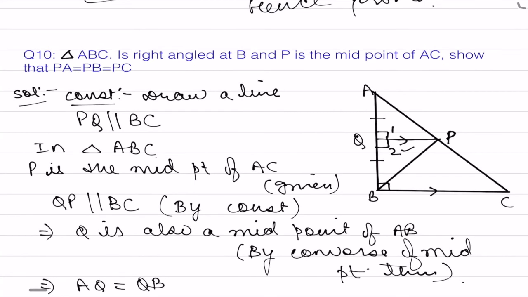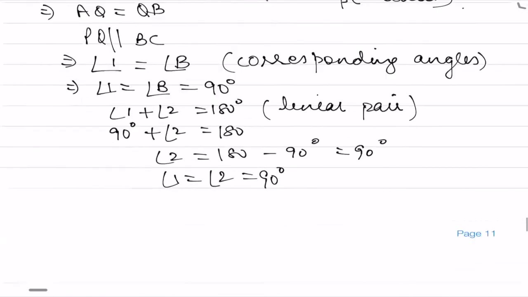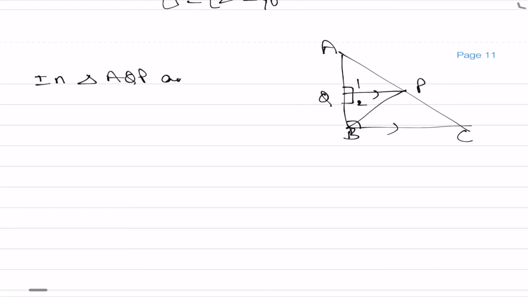Now again we will see this figure. Now we will prove the congruency of triangle AQP and triangle PQB. So again I am drawing this figure. So in triangle AQP and triangle PQB, we'll prove the congruency of these two triangles.